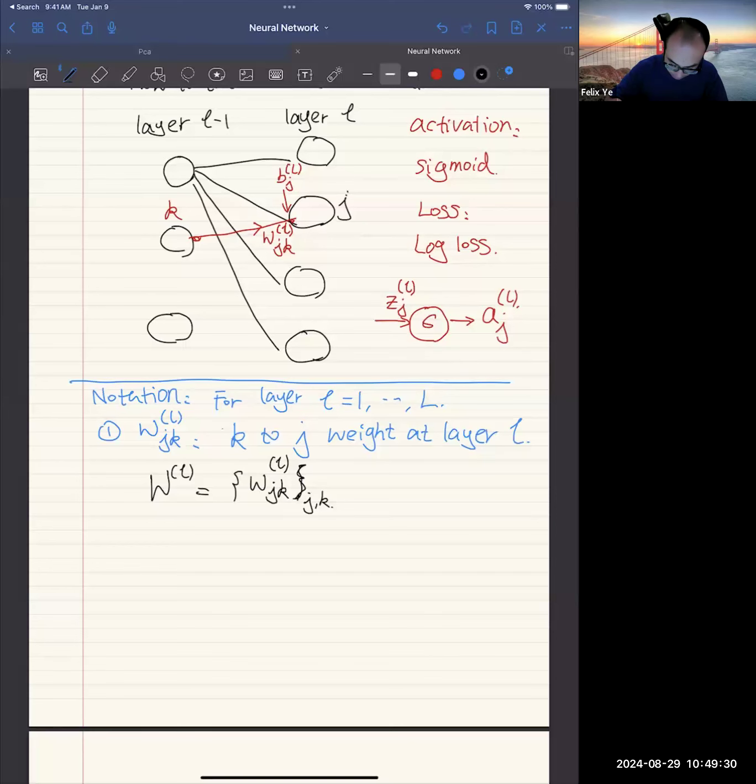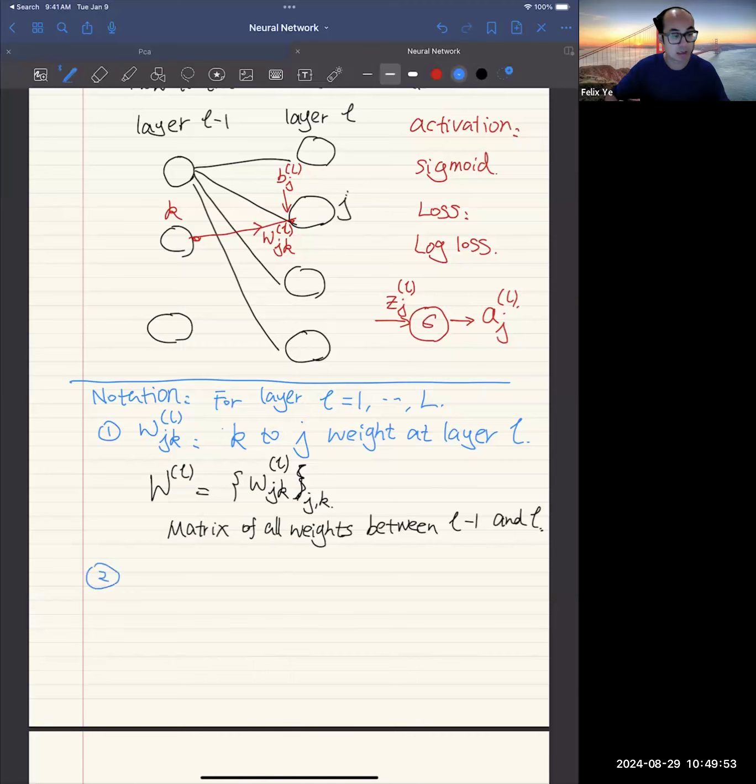So this is the matrix of all weights between layer L minus 1 and layer L. So this is the first thing.